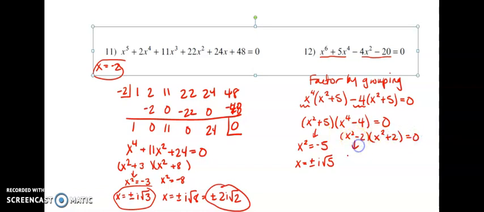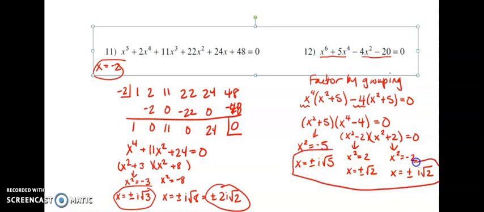And that means that x squared equals 2, so x equals plus or minus the square root of 2, not rational. And then x squared equals -2, so plus or minus i square root of 2, not rational. So if you tried to graph it, you're not going to see any of these values as rational, because this is the only one that's real, but it's irrational.